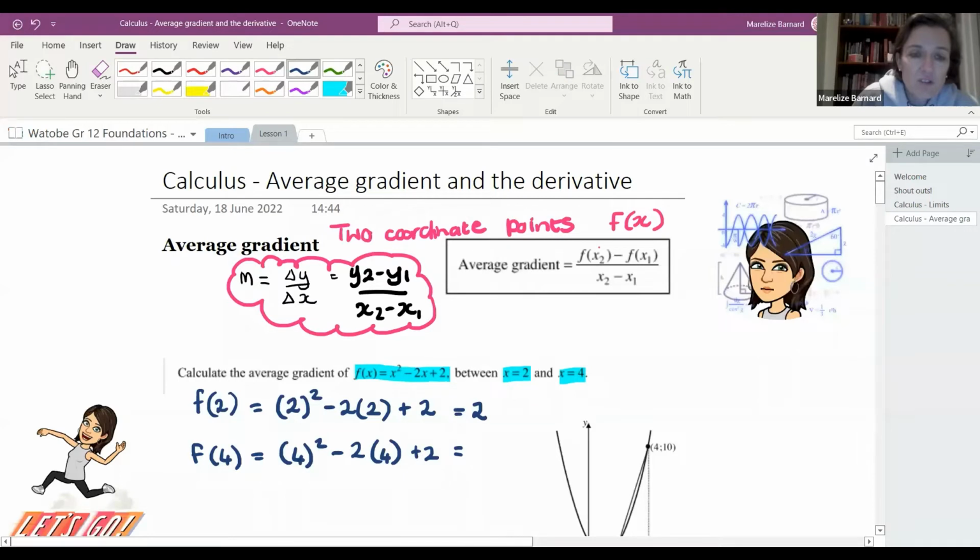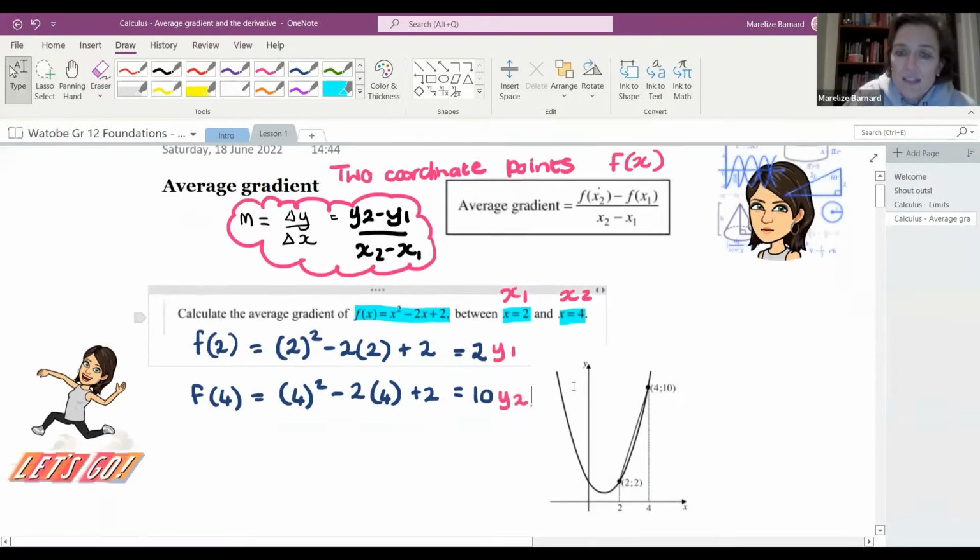And here I've got 16 minus 8 is 8, plus 2 is 10. So we can call these x1 and x2, and then these y1 and y2.